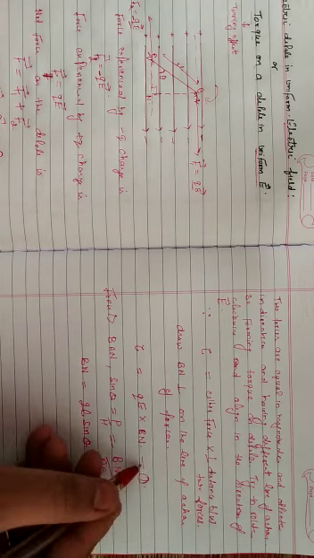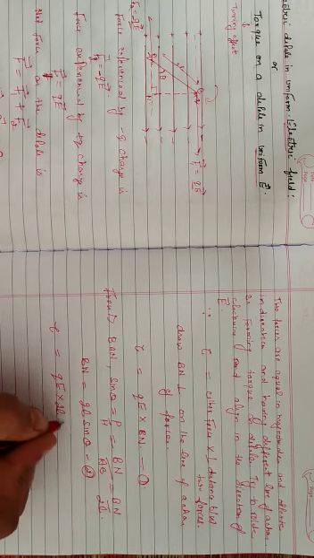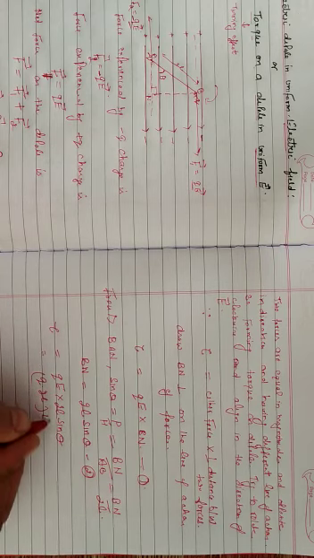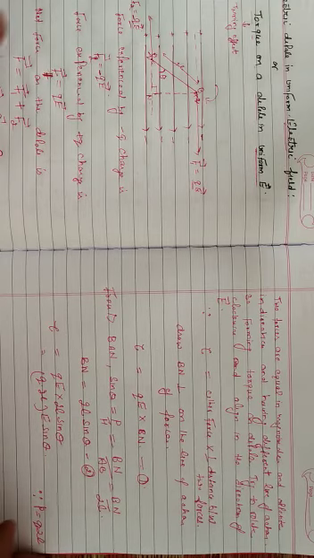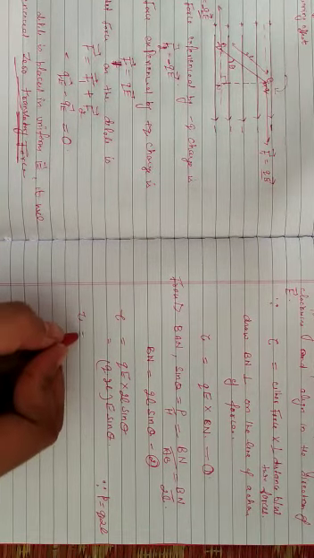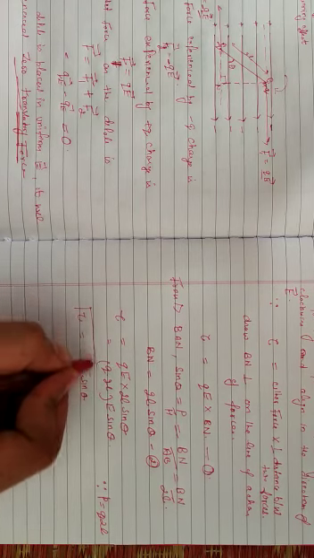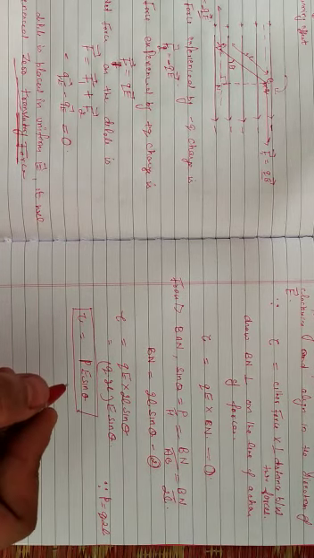Now using equation 2 in equation 1, we get tau equal to qE into 2L sin theta. Rearranging, tau is q 2L E sin theta, and because p is equal to q into 2L, torque is equal to pE sin theta. This is the magnitude of the torque experienced by the dipole in a uniform electric field.